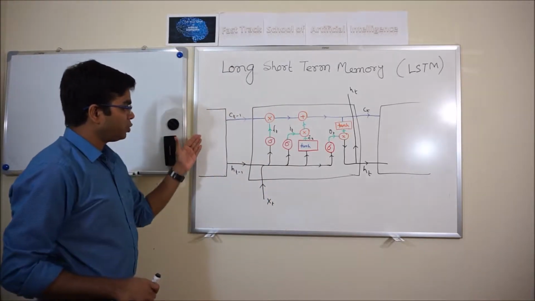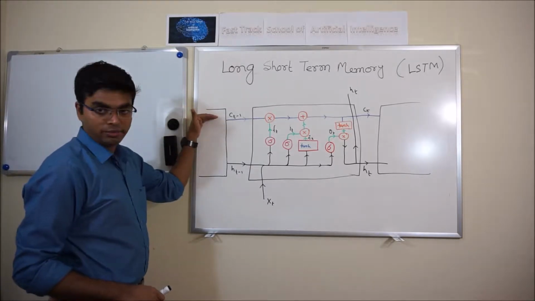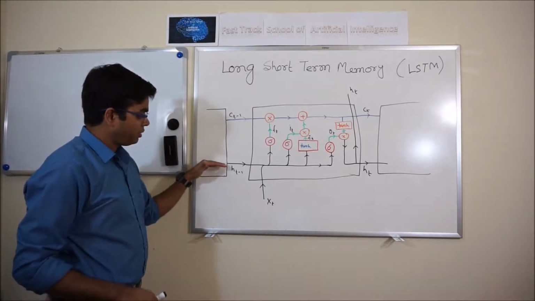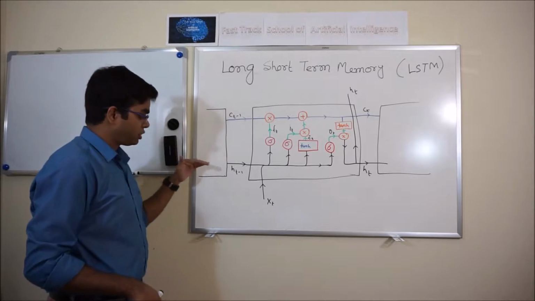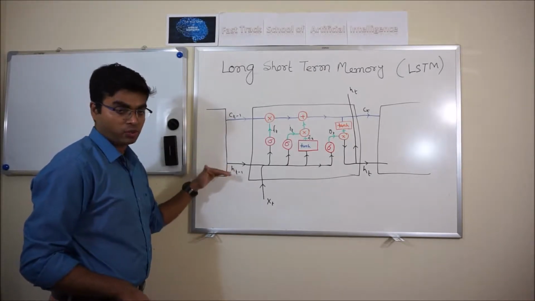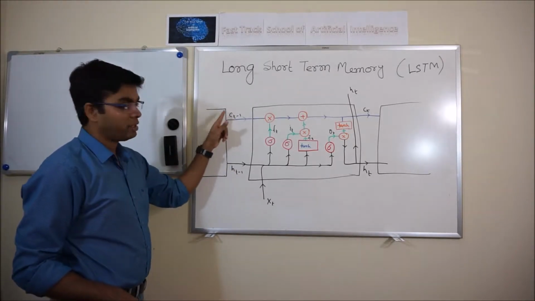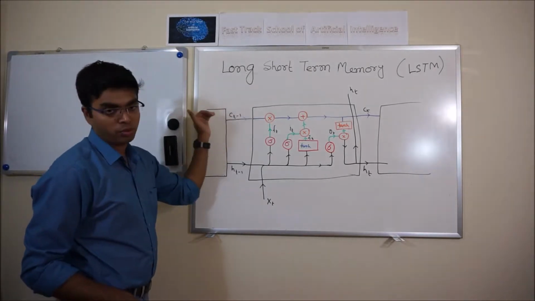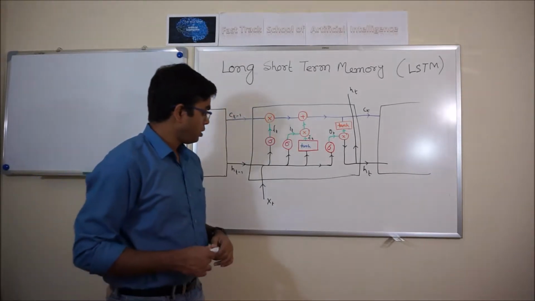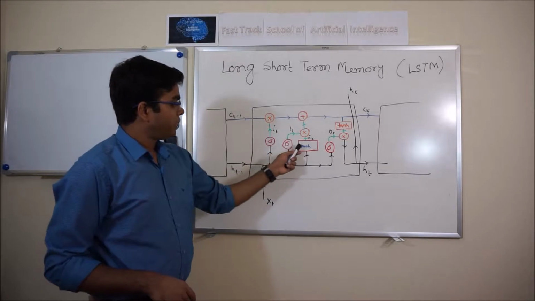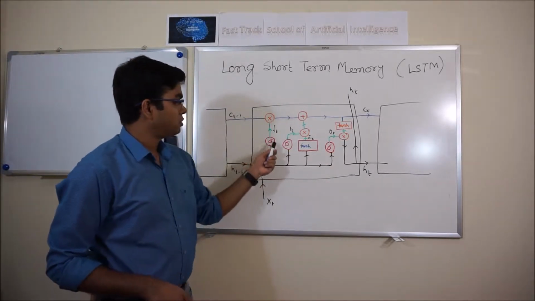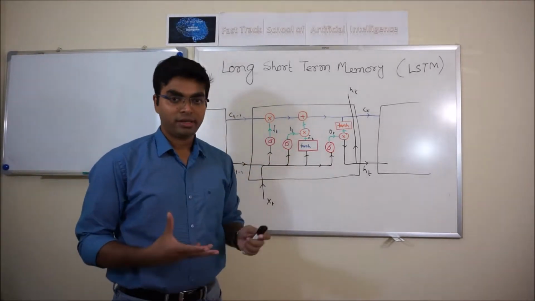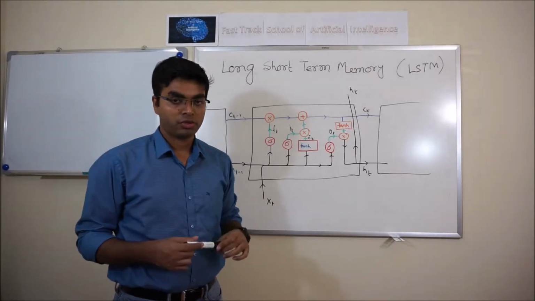It is taking input ct from the previous state and output from the previous state, that is ht minus 1. The cell state ct minus 1 is coming as input to this module. All these red things are called gates or activation functions.